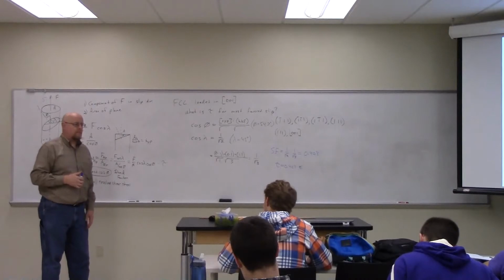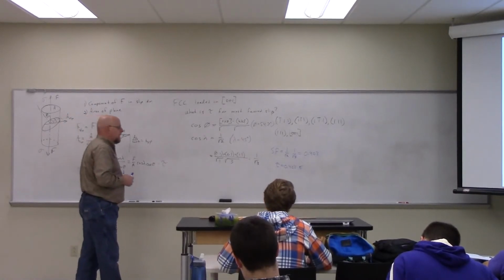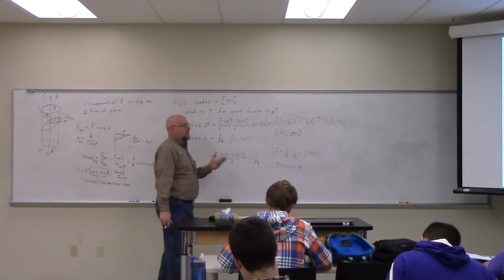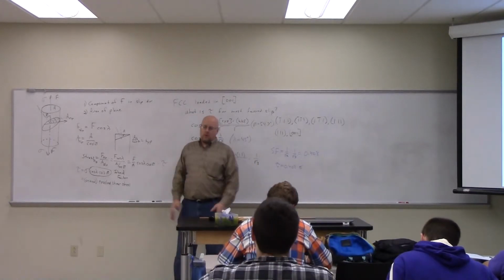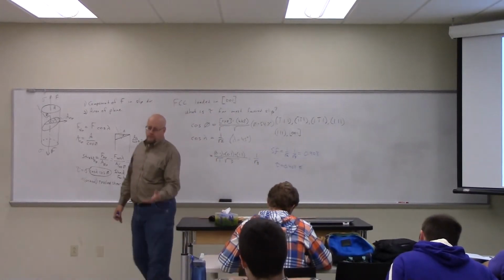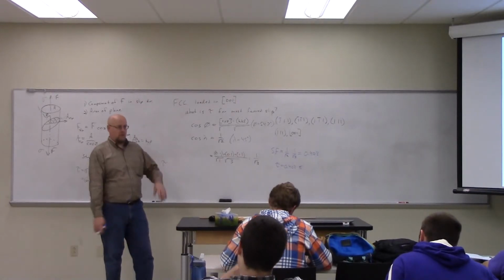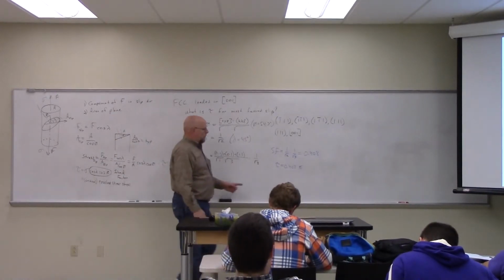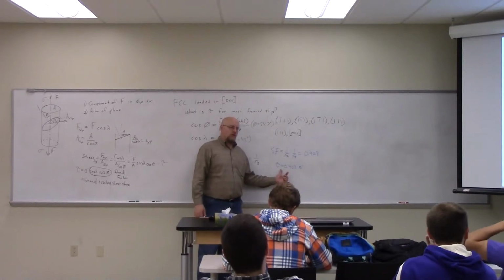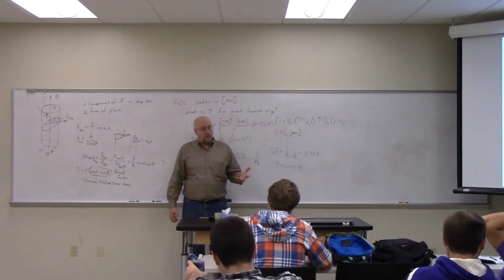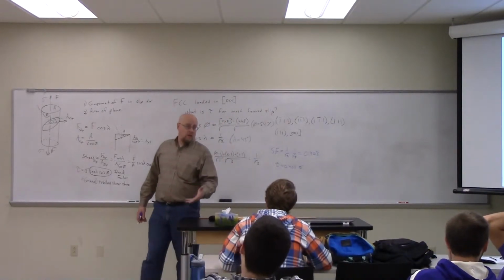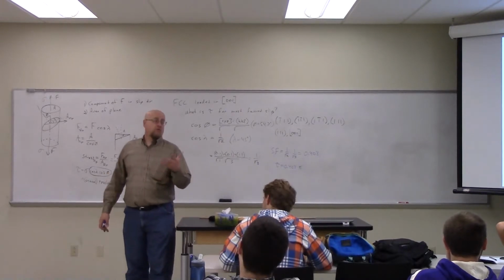So what does that mean? That means that if I pulled it with 40 megapascals of stress, I would have just over 16 megapascals of shear stress. And then I would have to look at it and say, is that going to cause it to yield? Is that going to be elastic? What's the strain going to be?